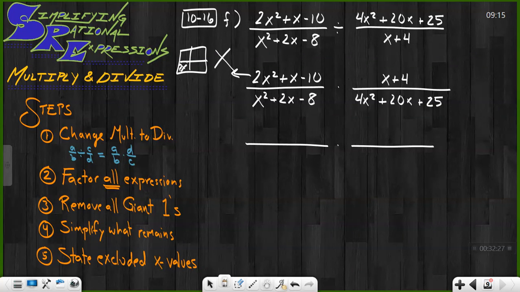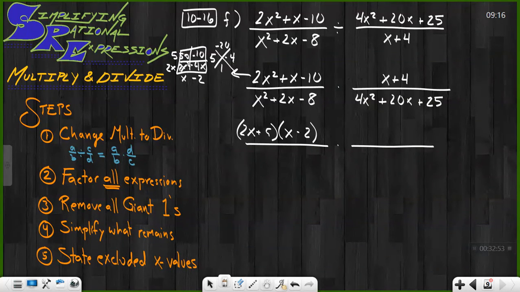So 2x squared, negative 10, so that gives me negative 20, and it adds to get 1. Well, that's going to be 5 and negative 4. So this goes down to 2x plus 5 over x minus 2.